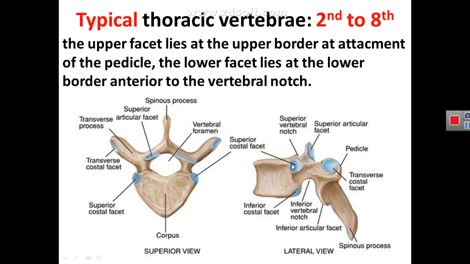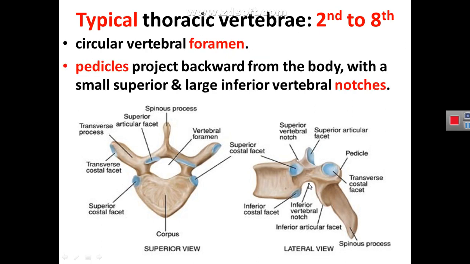Again, you can see that the upper demifacet of the body of the typical thoracic vertebra lies on the root of the pedicle, while the lower demifacet lies in the anterior end of the inferior vertebral notch. The typical vertebra shows a superior articular process and facet and an inferior articular process and facet.